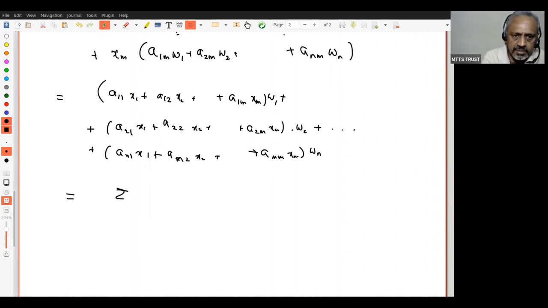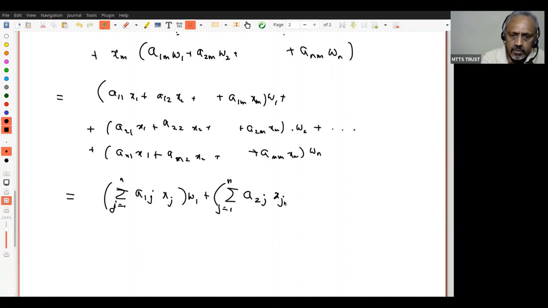The first sum is nothing other than the summation of a1j xj, j equal to 1 to m, times w1, plus the second one will be the summation of a2j xj, j equal to 1 to m, the whole thing into w2, plus the same thing, the summation of anj xj, j equal to 1 to m, yeah, this is 1 to m, into wn. You understand this?